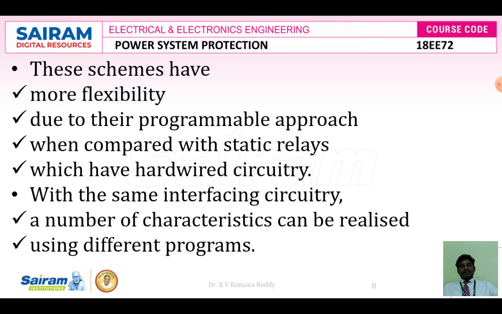These microprocessor based relay schemes have more flexibility due to their programmable approach. In that programmable approach, the program is framed to check whether the actuating quantities like fault current and fault voltage are less than or greater than the preset value. Compared with static relays, these are hardwired circuitry with separate interfacing circuitry.